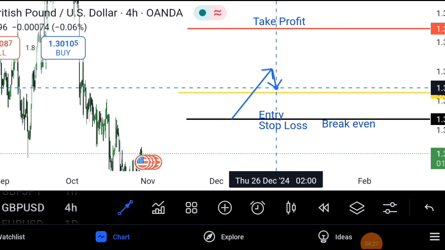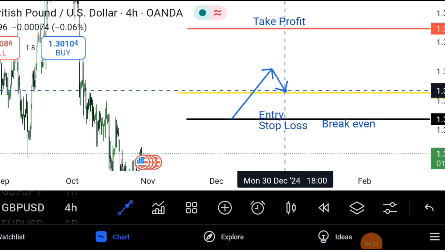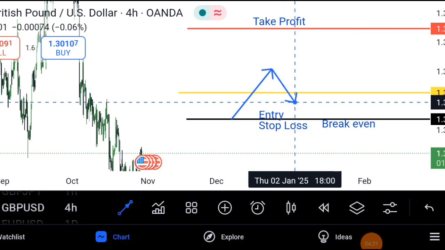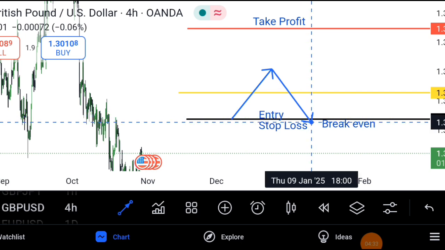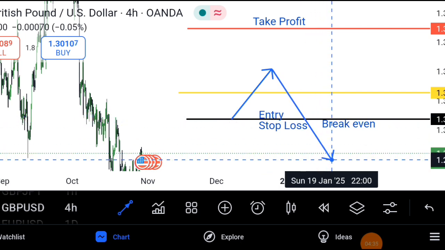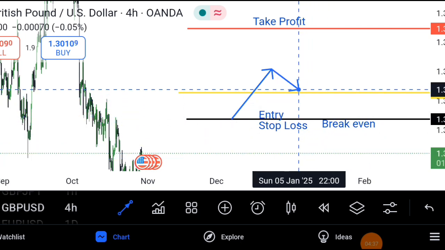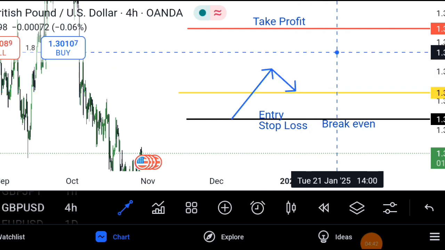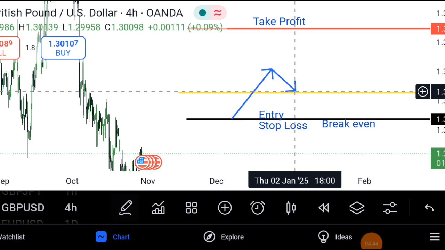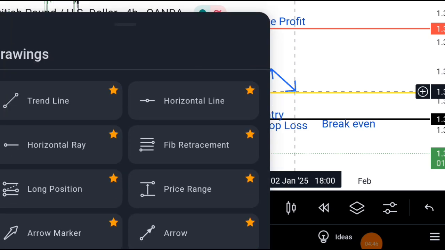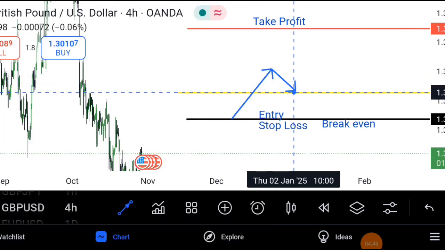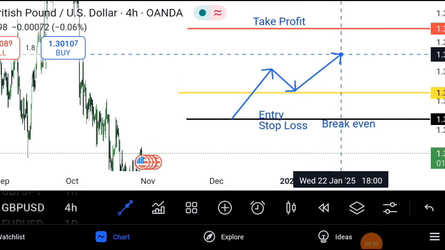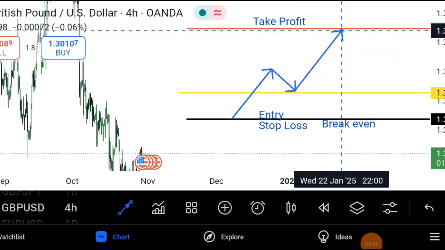Because you moved it, it may hit your stop loss and it could do anything, could come back to your entry position or even continue back down, or it could hit your current stop loss and then head back into your direction. So anything is absolutely possible, okay? Anything, it could come, hit your stop loss, and then head back to your take profit.